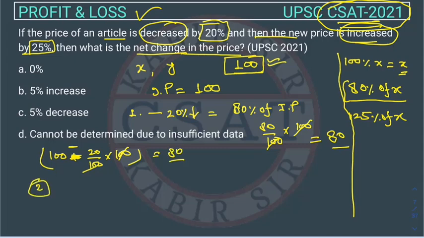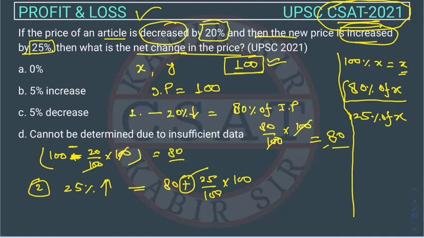Now the second condition is that the new price is increased by 25%. So now our current price is 80 rupees, plus 25% of it, because there is an increase of 25%.